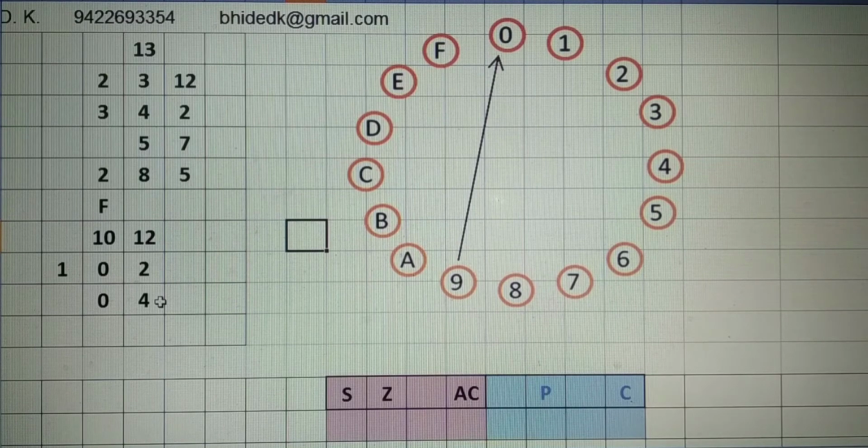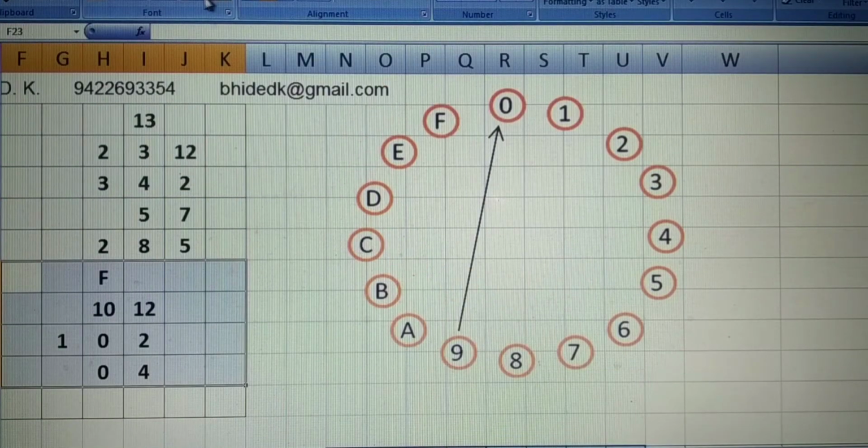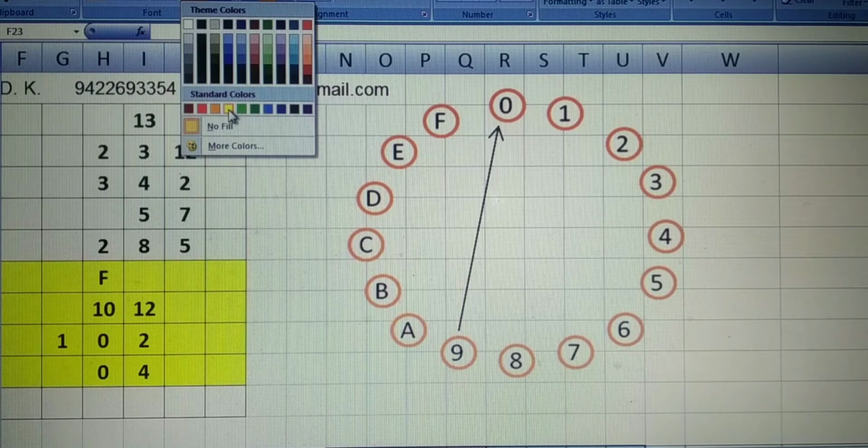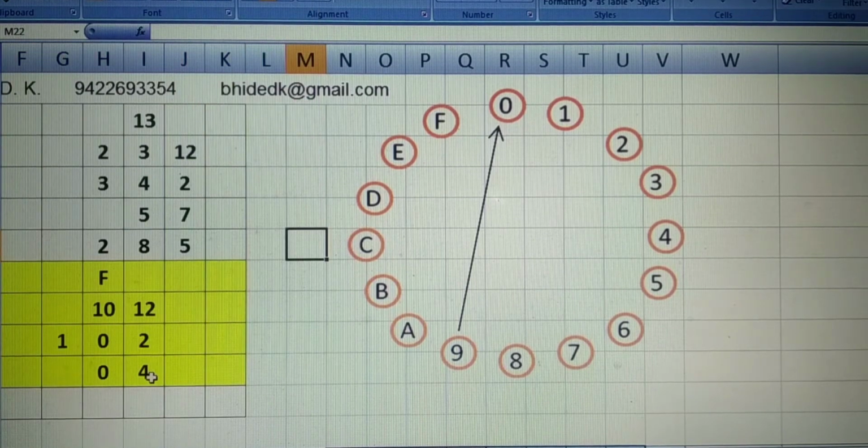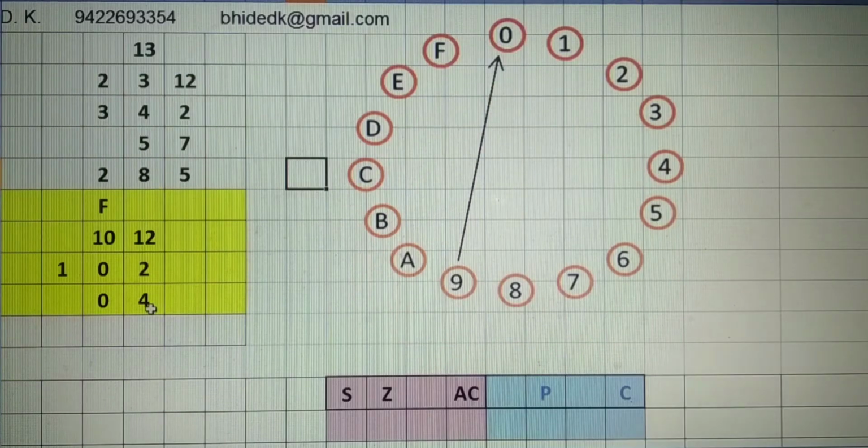Now from 4 to 12, you have to count from 4 to 12. I will show in a different color. As you have to count from 4 to 12 in hexadecimal form, from 4 I am going to count up to 12 in hexadecimal form.